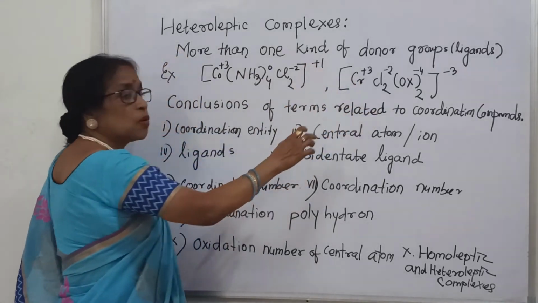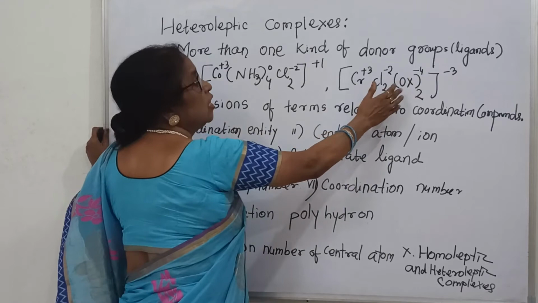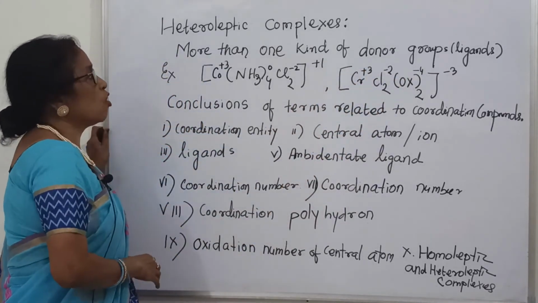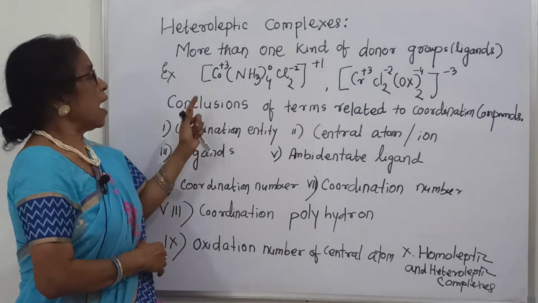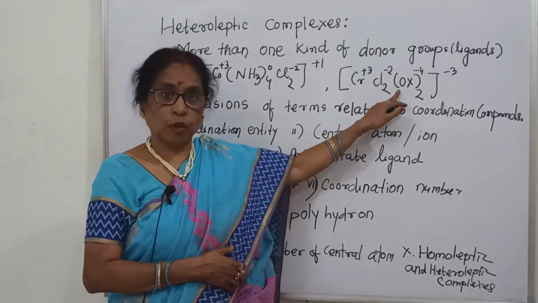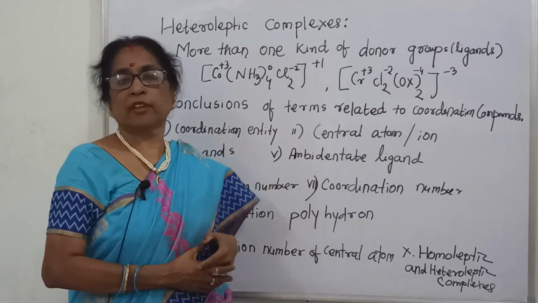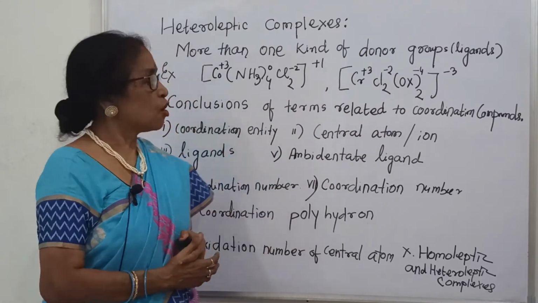In this case chloride and oxalato, or oxalate ions, are present, so that is why it is called a heteroleptic complex. And how can you name the ligands? Actually it is called oxalato. So here I will explain in the nomenclature of coordination compounds.